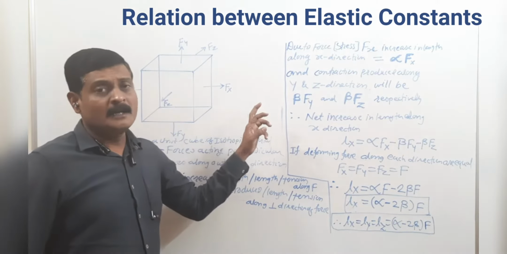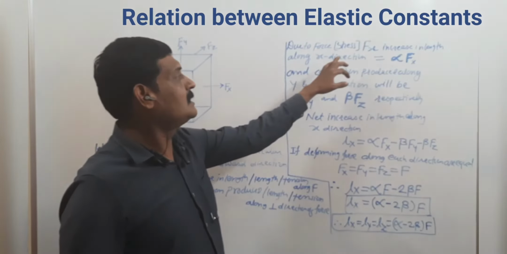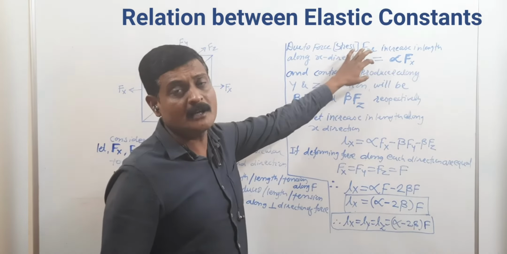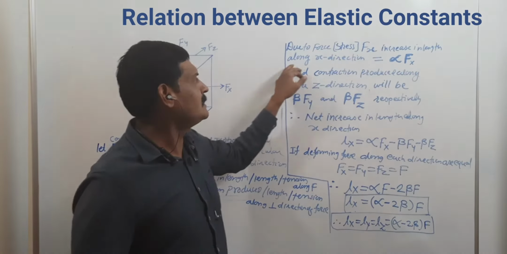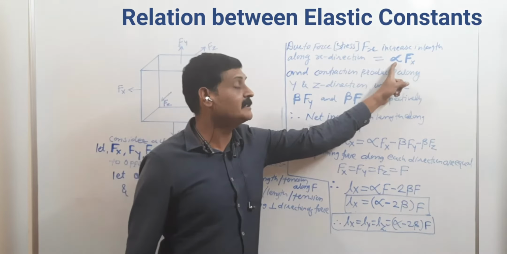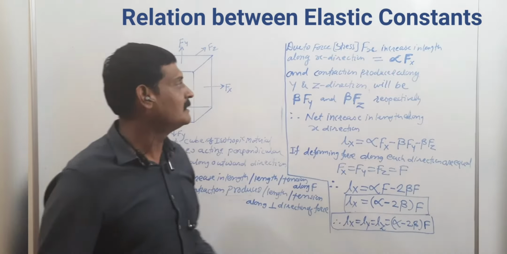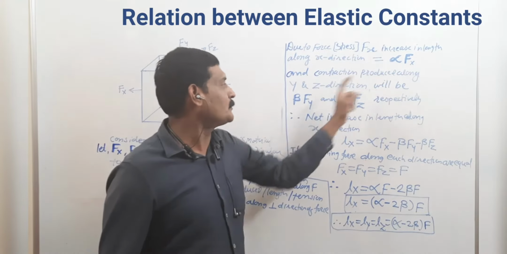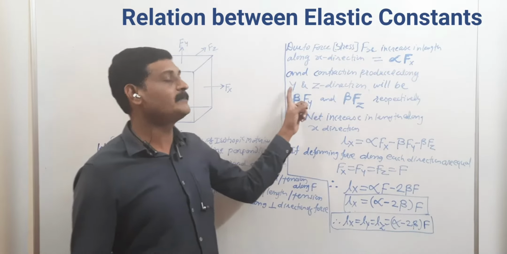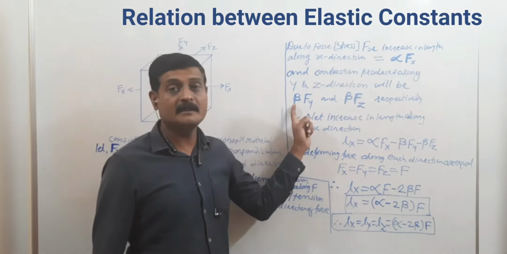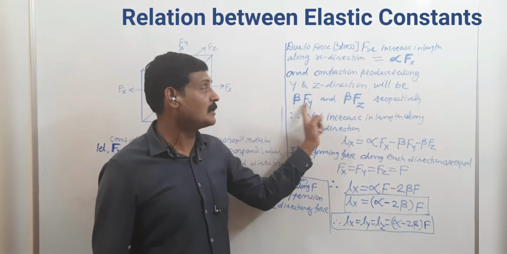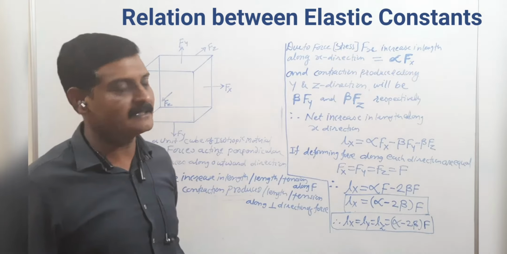Now consider, due to the force Fx, the increase in length along the x direction is alpha into Fx. And the contraction produced in the remaining two directions, that is the y and z directions, is beta Fy and beta Fz respectively.